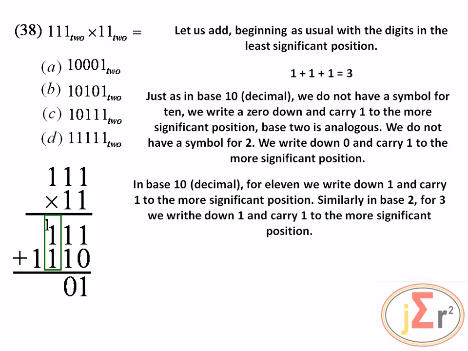For the 10, we will carry 1. For the 1 that remains, we keep it in the position of significance that we are adding in. For 2, we know that 3 is actually 2 plus 1. In binary, we say 3 is 2 plus 1. For the 2, we carry 1 to the position of greater significance, and the 1 that remains will occupy the present position.